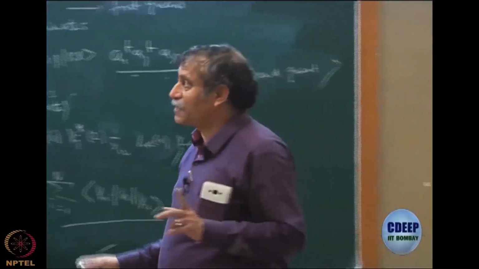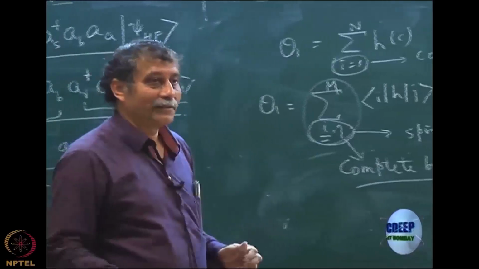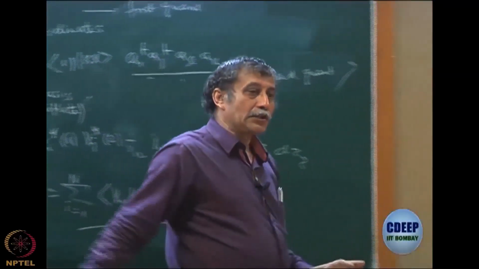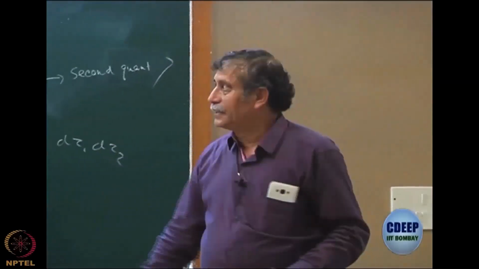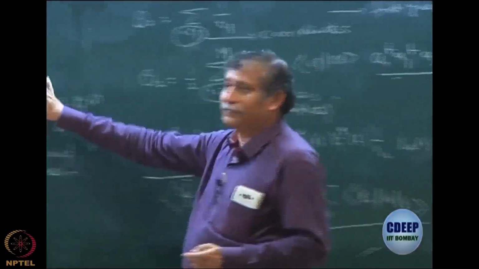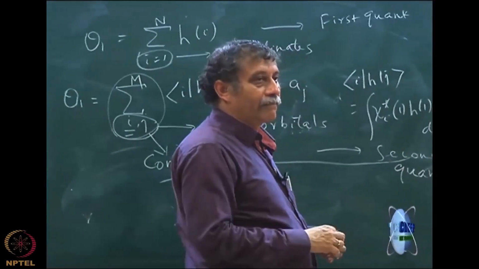So I have to first justify, because here I have m spin orbitals. How does m become n? So we will do that. Some practice problems we will do to justify this, and similarly for the two-electron integral. That is only to give you confidence that what I have written is right, and it also gives you practice. Okay, I think I will stop here.